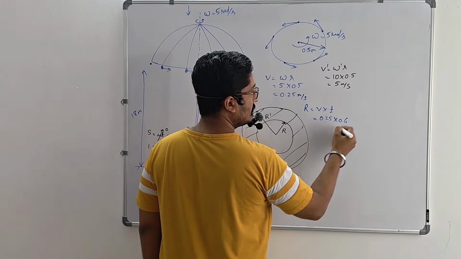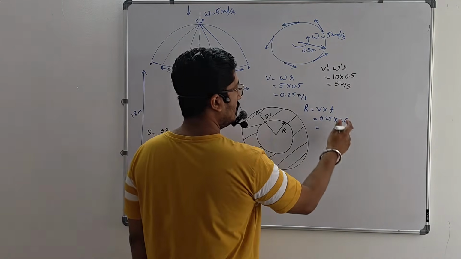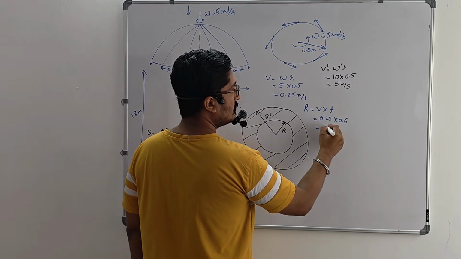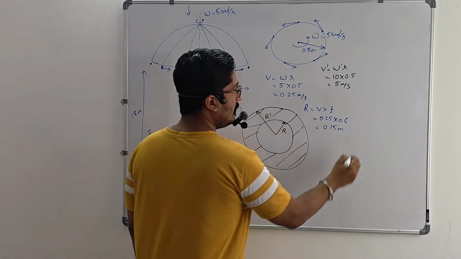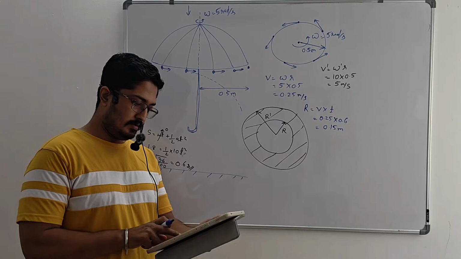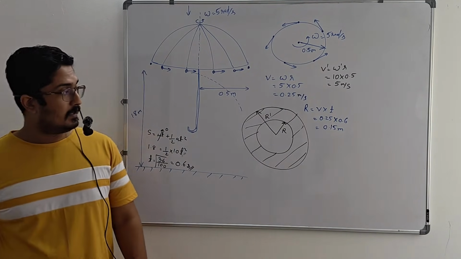So into 0.6 seconds. So this will come out to be how much? 6, 5, 30, and then 12 plus 3, 1.5. So I think I'm getting 0.15 meters. Let me just check that. So answer for this part is yes, I'm getting it as 1.5 meters.